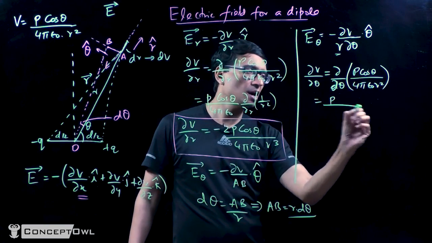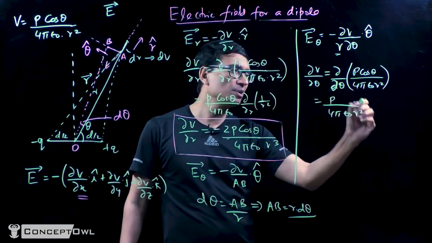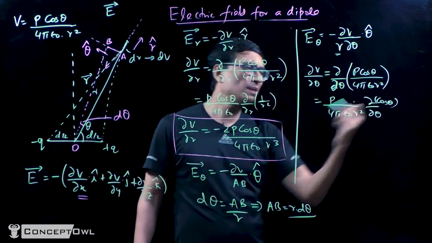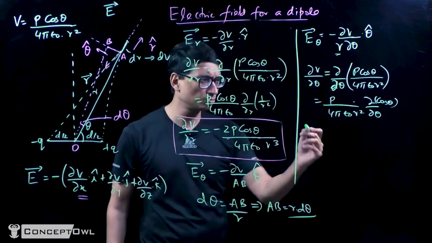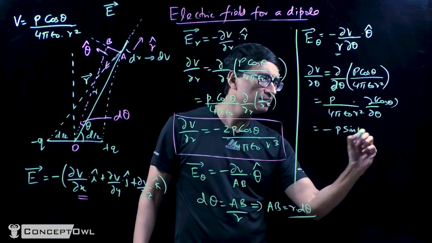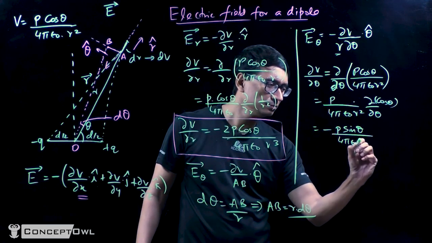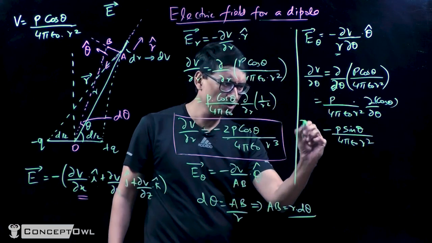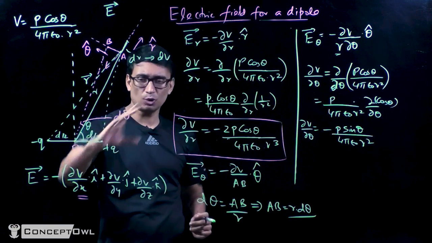So we'd have P upon 4 pi epsilon naught r square into del by del theta of cos theta. And what is del by del theta of cos theta? The differential of cos theta is minus sin theta. So this would be minus P sin theta upon 4 pi epsilon naught r square. This is my del V by del theta.